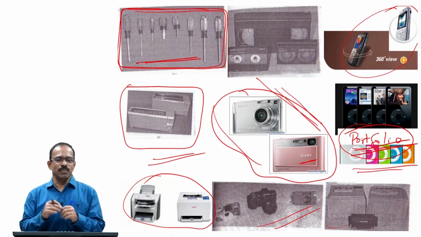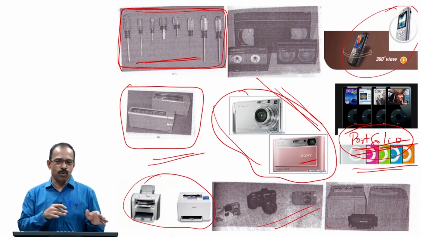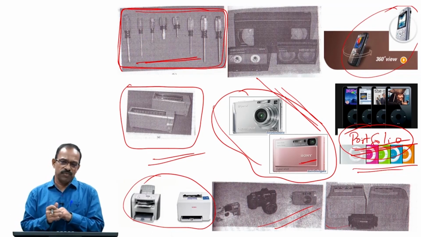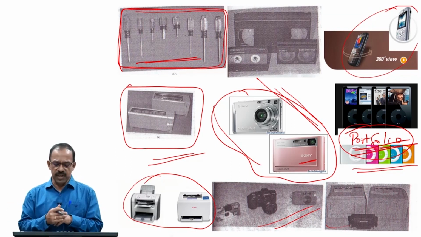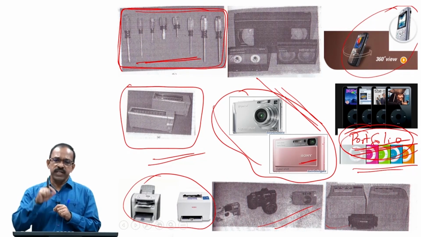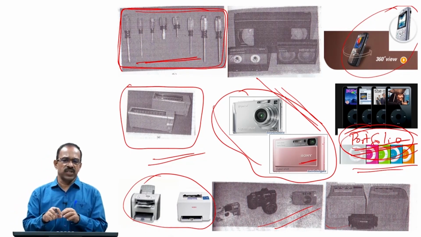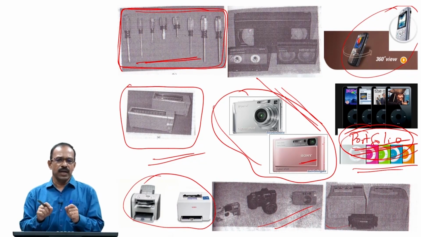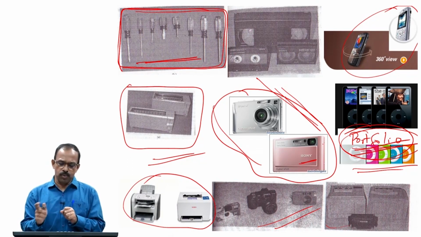The basic platform will be the same. There will be many things common in all these models, but there will be a lot of variations also. How many products in the family and in what way these are different is decided by the portfolio architecture, and how each individual product needs to be designed, what kind of modules and features to be provided in an individual product, that is known as the product architecture.